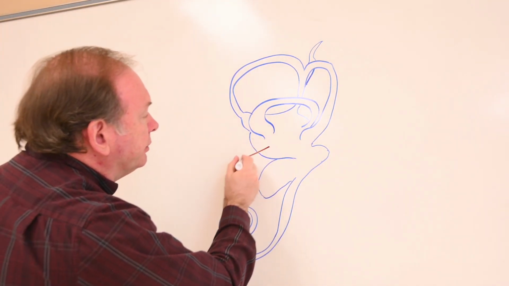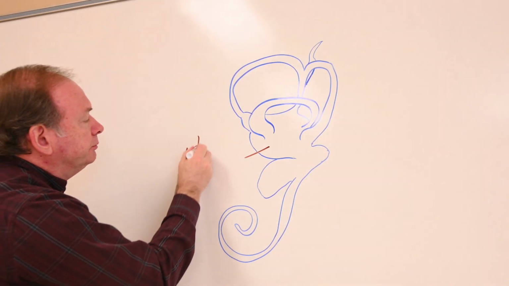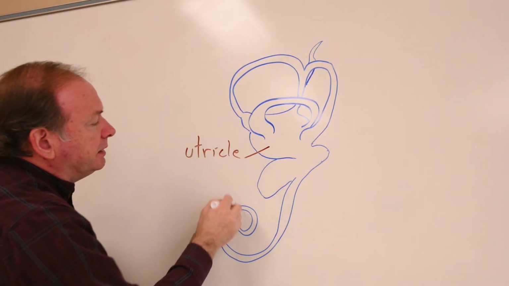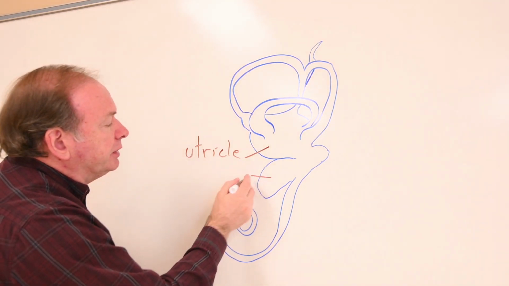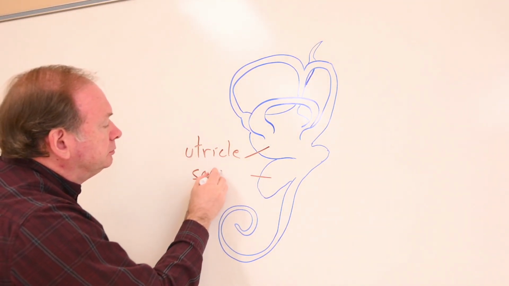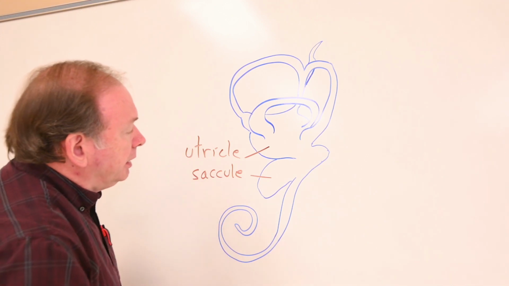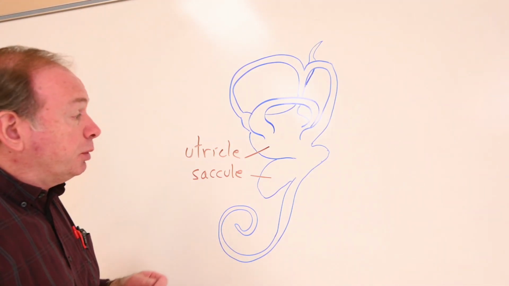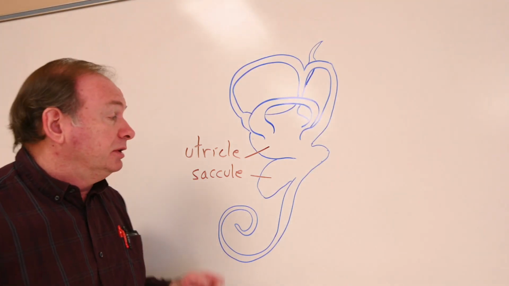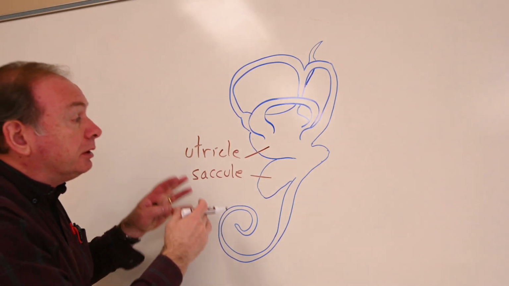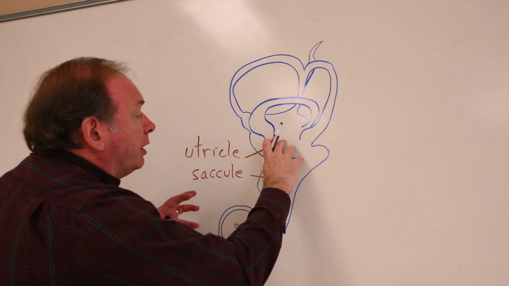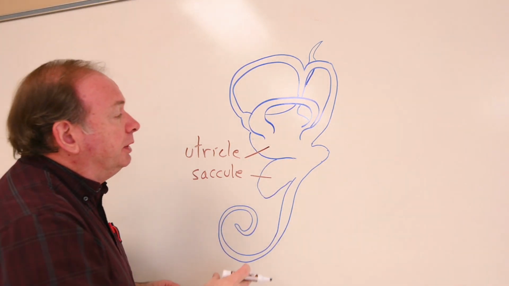But this one right here is referred to as the utricle, in some books referred to as a utriculus. And this one down here is the saccule, and like I said, in other textbooks, it's called the sacculus. Saccule or sacculus, utricle or utriculus. Those are the vestibular components in there.